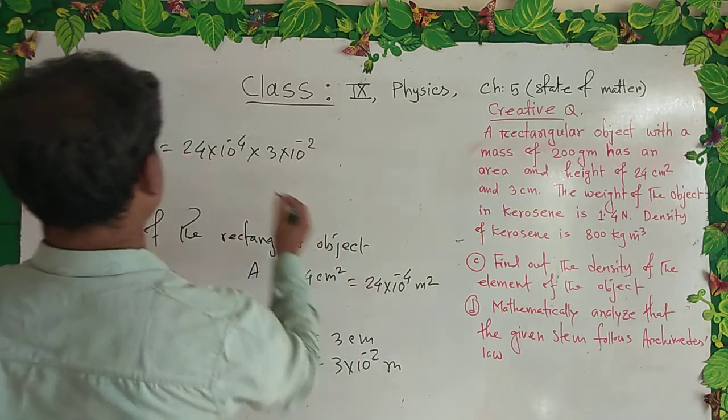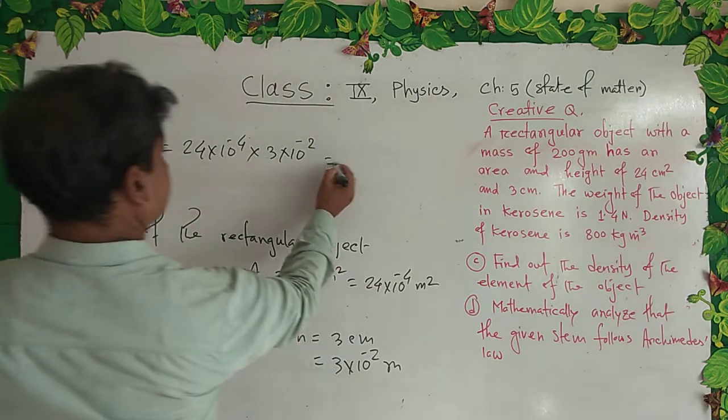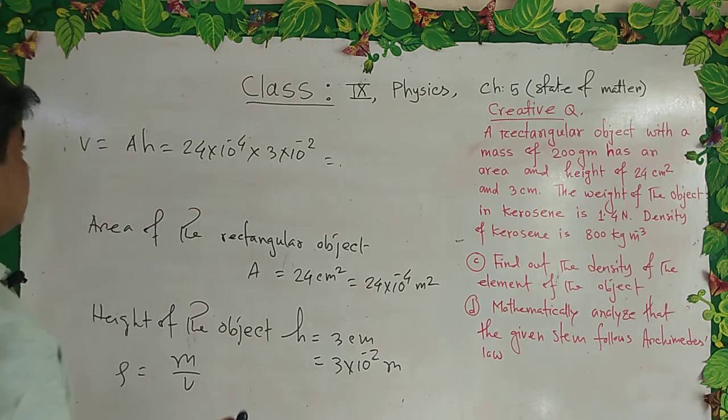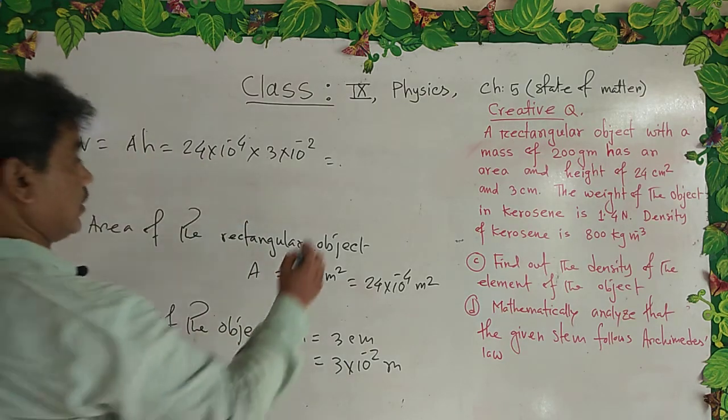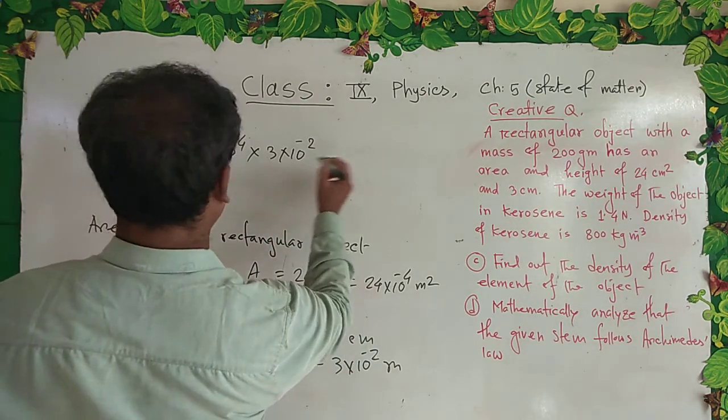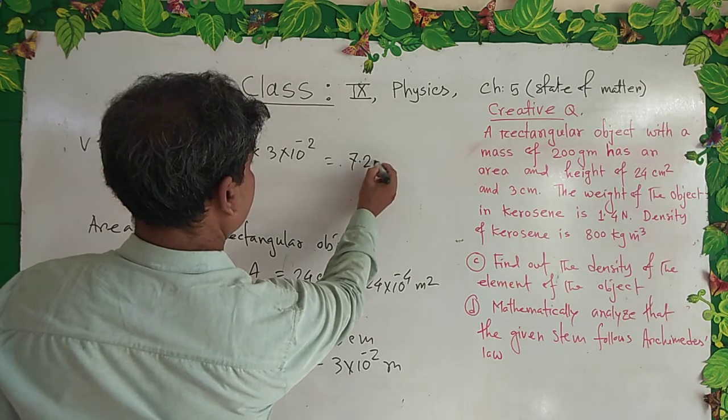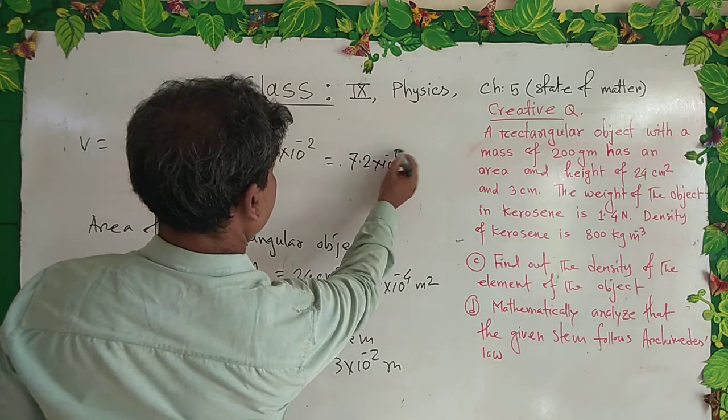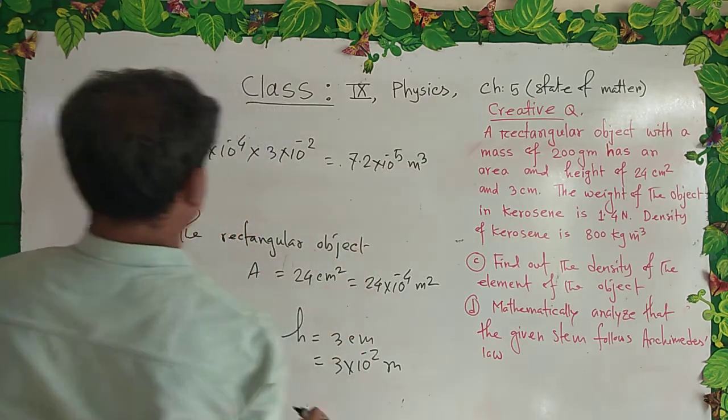Calculating this, we get volume V equal to 7.2 into 10 to the power minus 5 meter cube.